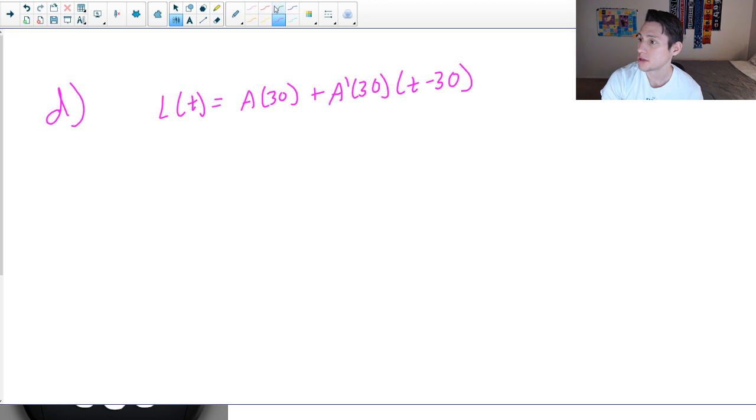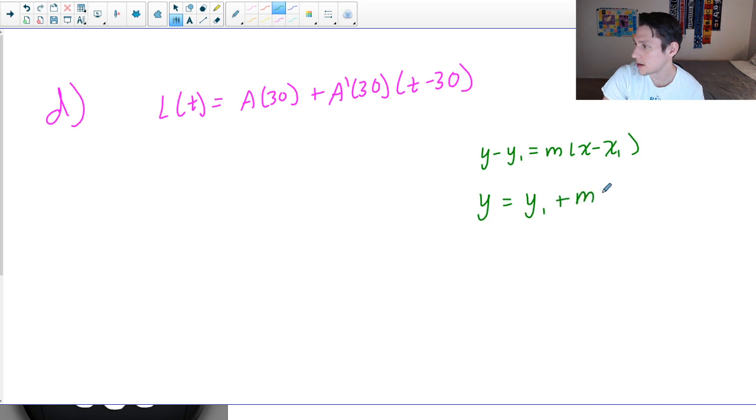That's our linear approximation formula. Now you might remember this comes from just the slope of the tangent line formula. Except if you take this minus y1 and shift it over, so y1 plus m times x minus x1. Right, this is pretty much exactly what's happening.